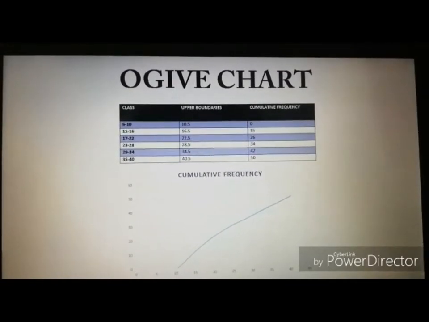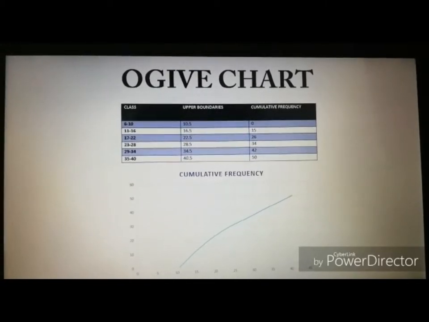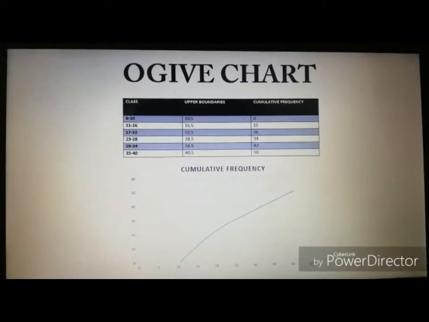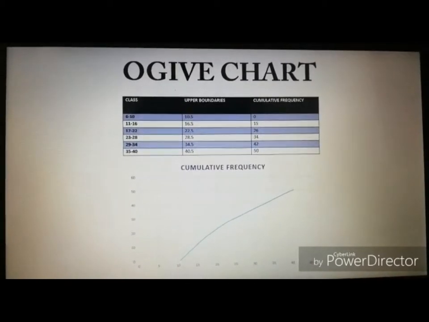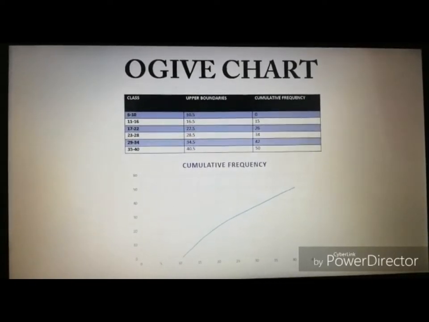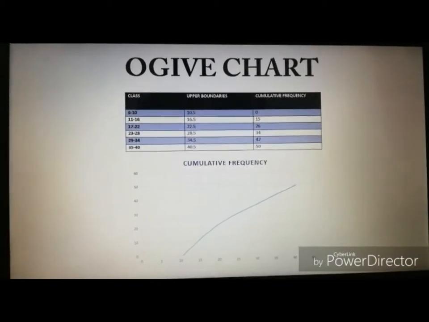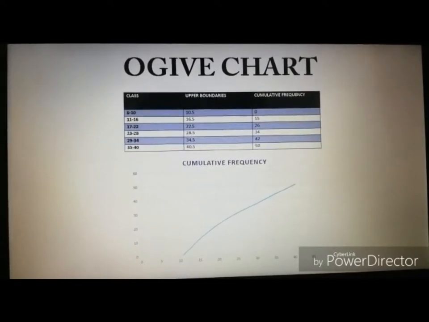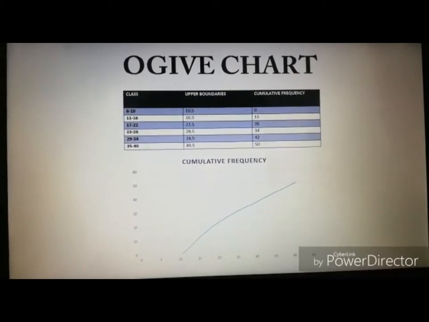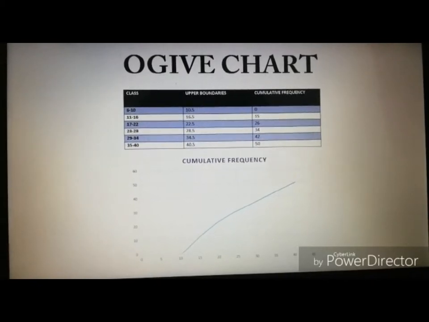For the first class of data, 6 till 10, the upper boundary will be 10.5 and the cumulative frequency is 0. The second class is 11 till 16. The upper boundary for the second class is 16.5 and the cumulative frequency will be 15. The third class of data, 17 till 22, will carry upper boundary 22.5 and cumulative frequency 26. For the fourth class, 23 till 28, the upper boundary will be 28.5 and the cumulative frequency will be 34.